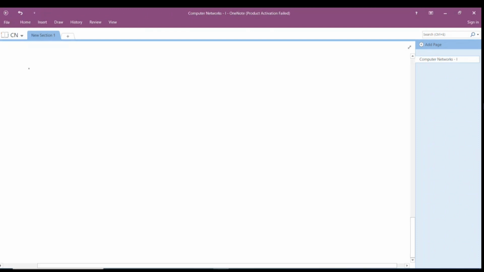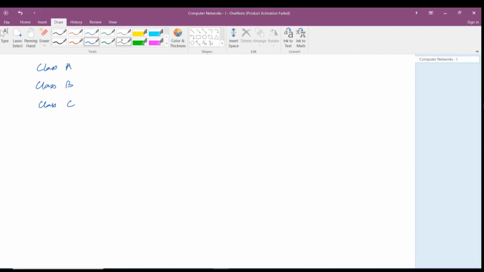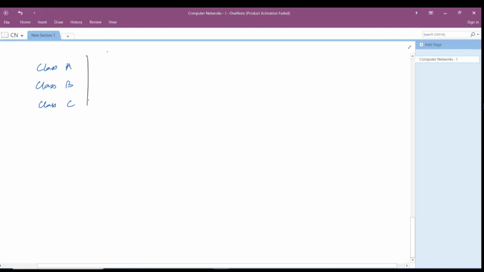So let's say I want to have class A, class B, class C, and then we have number of networks, number of IPs per network, then total number of IPs, then total hosts.